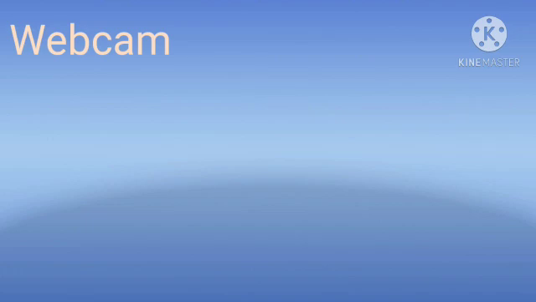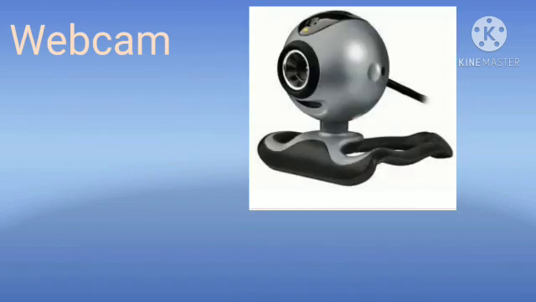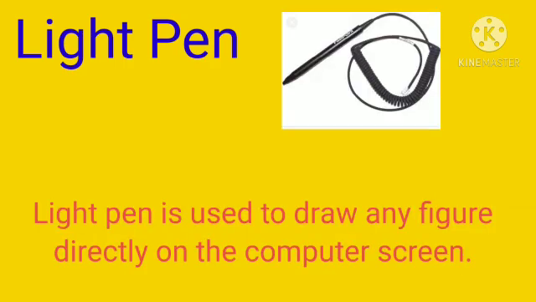Next input device is the webcam. A web camera takes pictures and puts them into the computer. A web camera captures our video and still images. It is used for video chatting and video conferencing. Next input device is the light pen.